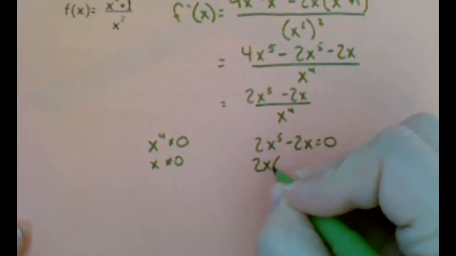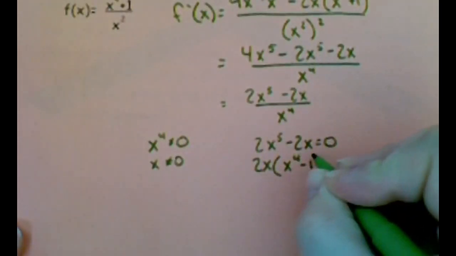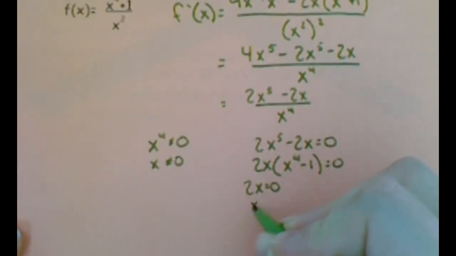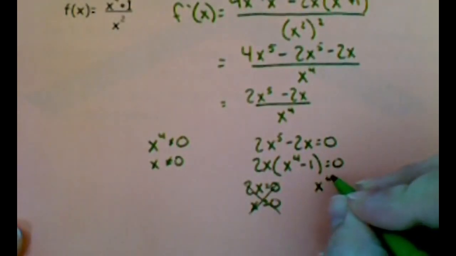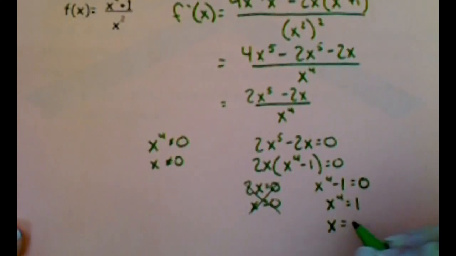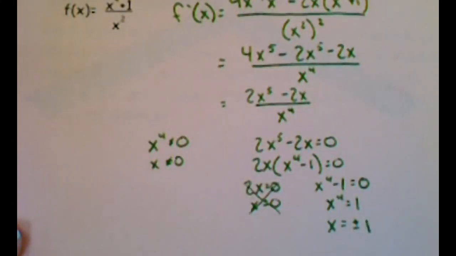Factor out a 2x, I get x to the 4th minus 1. Well, 2x equals 0 gives me x equals 0, which we already said isn't allowed. And x to the 4th power minus 1 gives me x to the 4th power equals 1, which means x is positive or negative 1. So there we have our critical numbers, positive 1, negative 1, and 0.